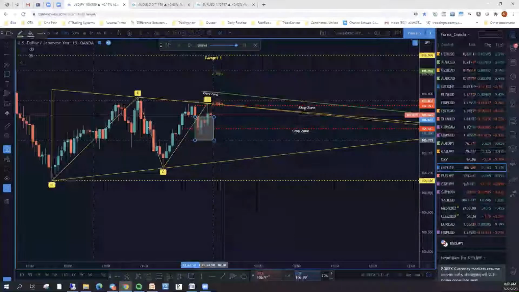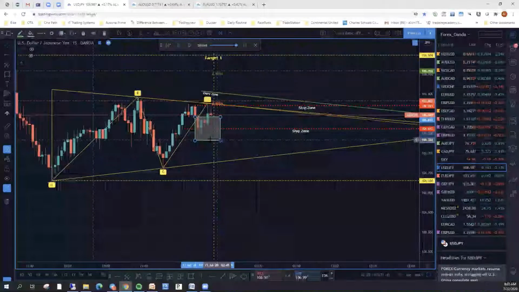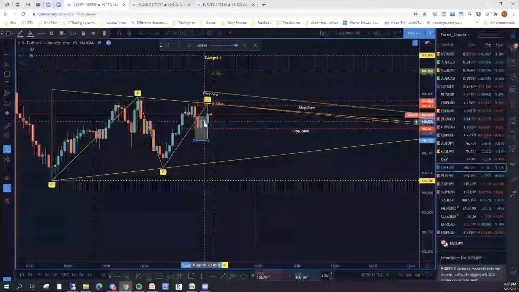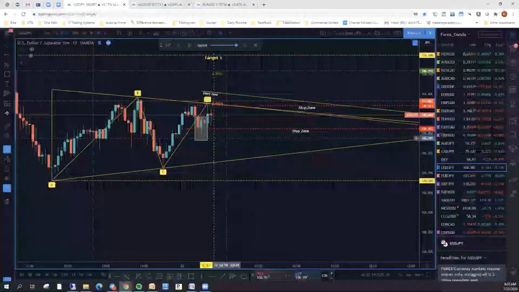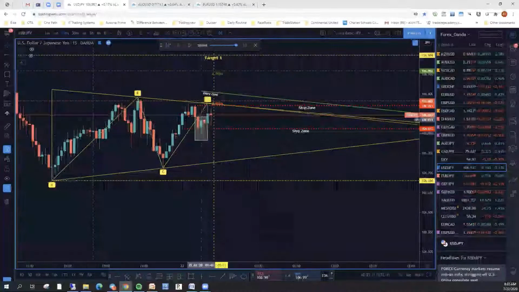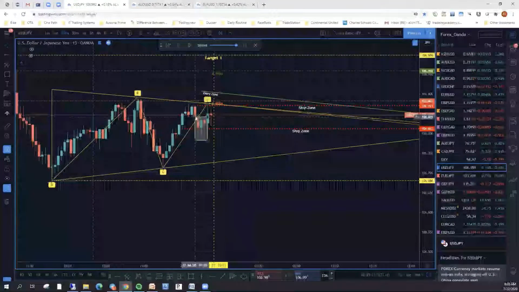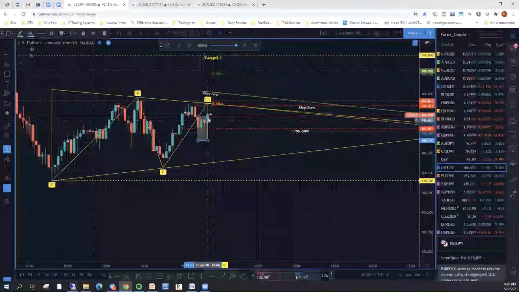We have a low and 2 higher lows on either side of this candle. Basically, once it breaks the top of this red candle right here, this blue candle came up and touched the wick.